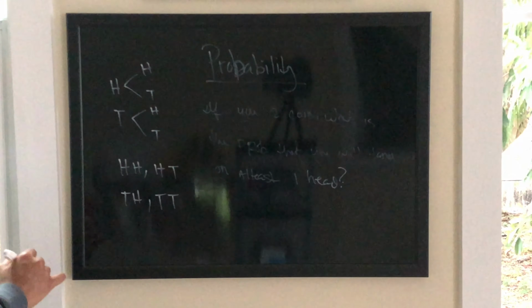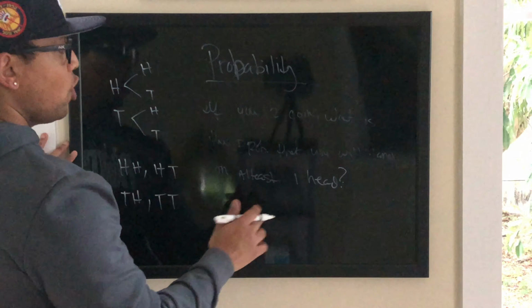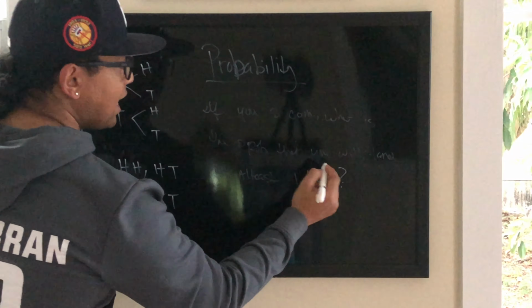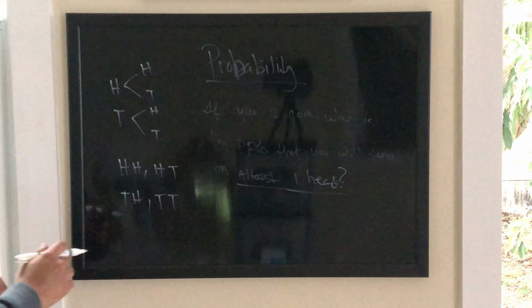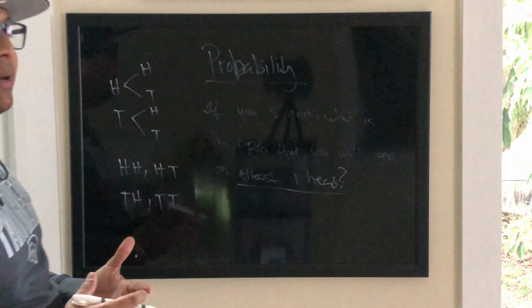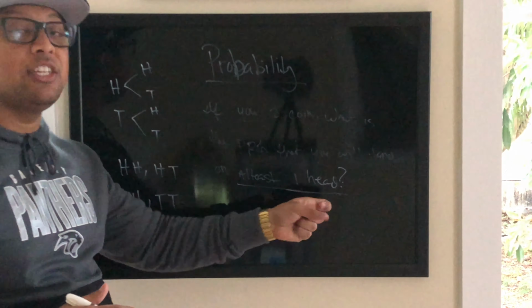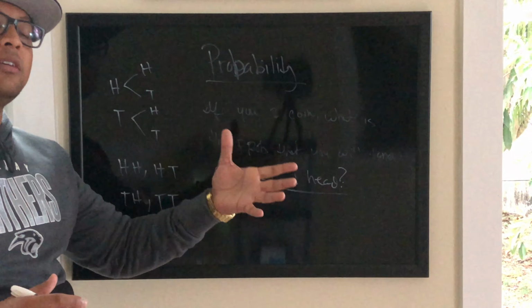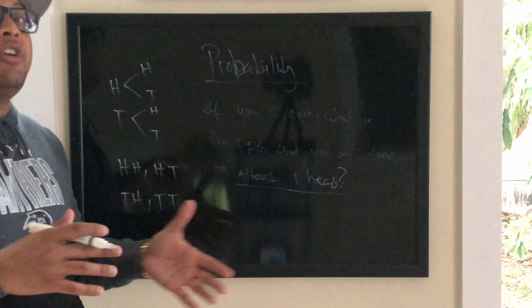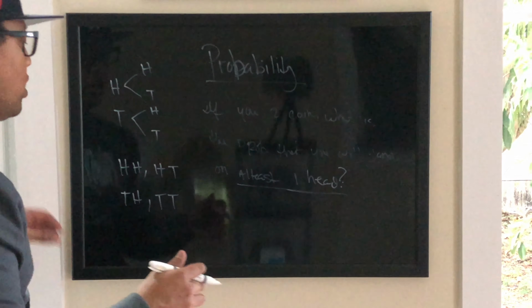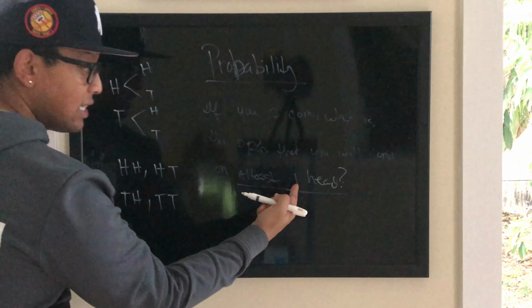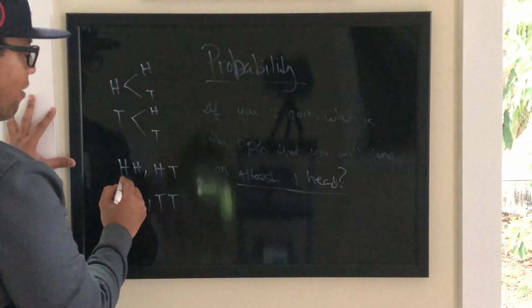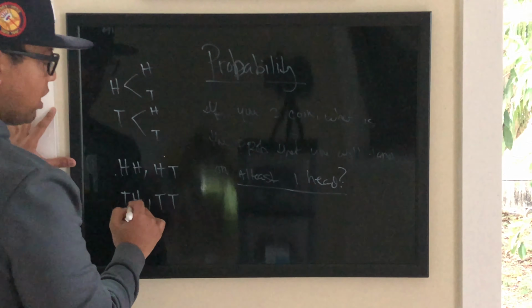Now the question is asking, what is the probability that you will land on at least 1 head? It doesn't matter how many heads you hit as long as it's at least 1, so it's greater than or equal to 1. You count how many outcomes have at least 1 head: 1 here, 1 here, and 1 here.